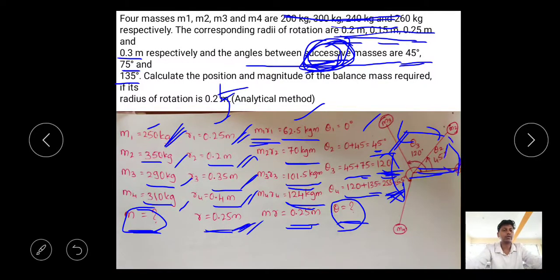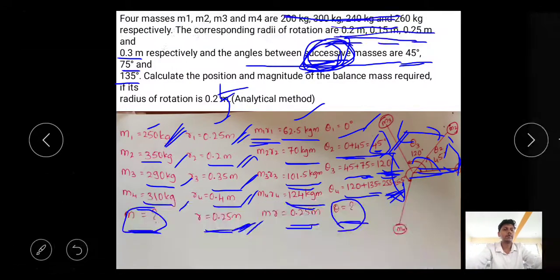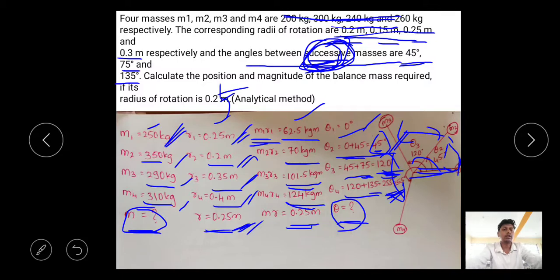He has not given from here, he has given between these two. To find that, you have to just add 0 plus the previous one. See, 0 plus 45, you will get 45. Then 75 is given, 75 plus the previous you have to add. Next 135 is given, the previous is 120, plus 135 will get 255.